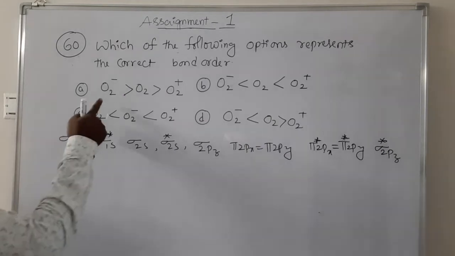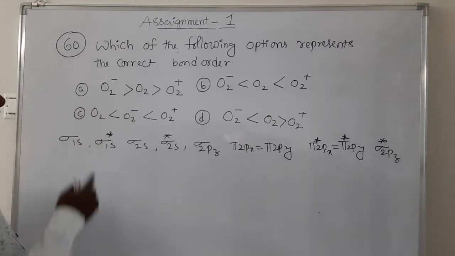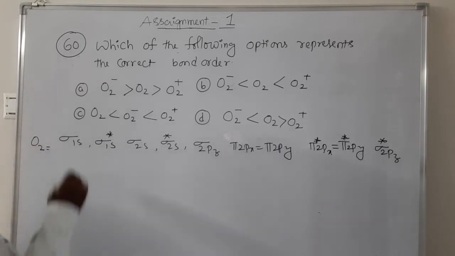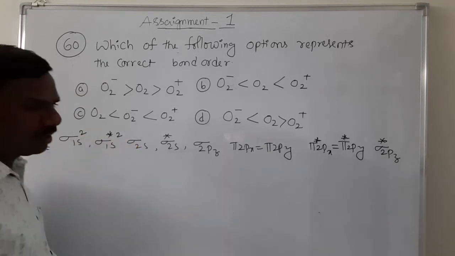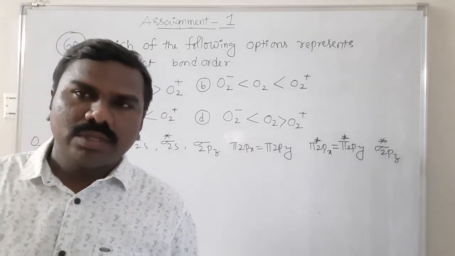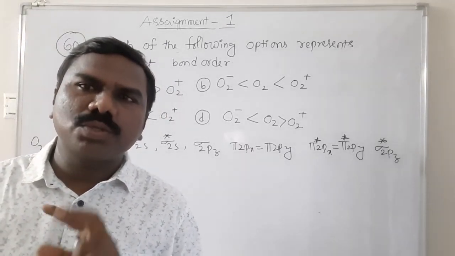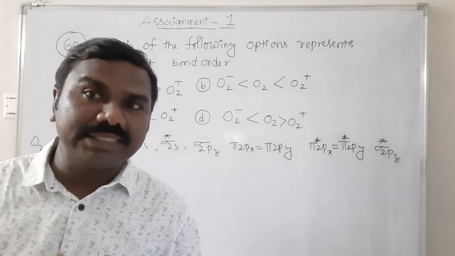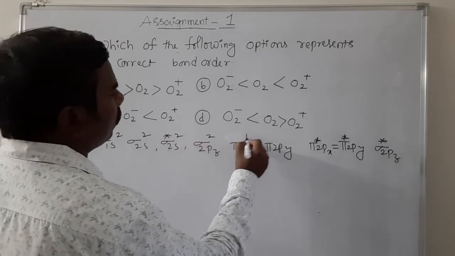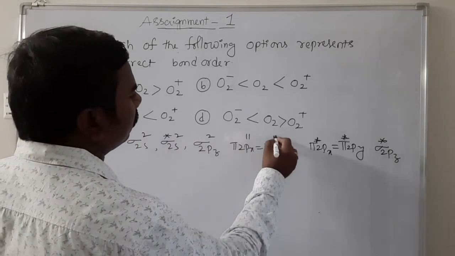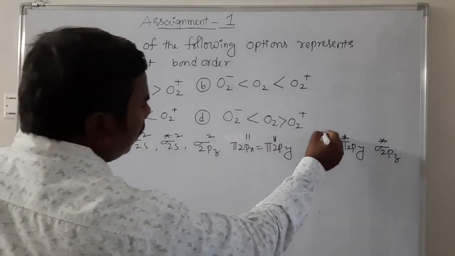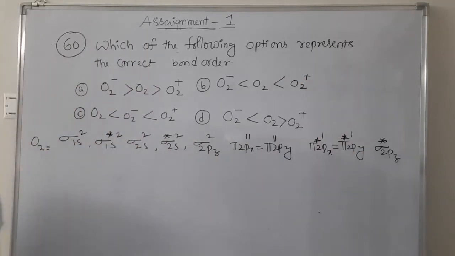So first O2, for example. For O2 we will observe 1s2, 2s2. Oxygen atomic number 8, electrons also 8. O2 means 2 oxygens, 2 eights are 16 electrons to fill. Right?